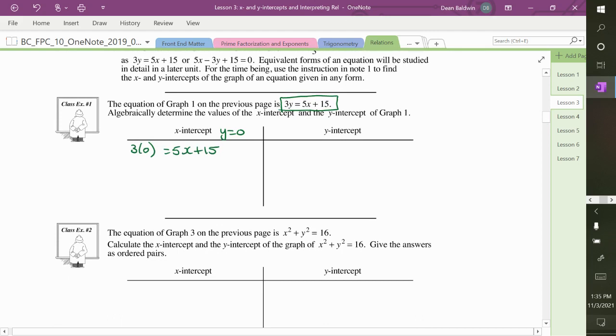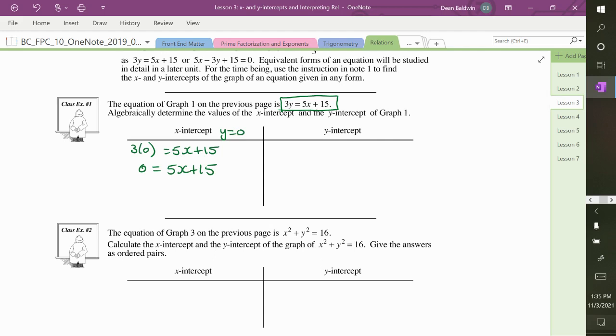What's 3 times 0? 0. How do I solve for x? No, don't try to do it in your head because there'll be ones you can't do in your head. I want to know the process to solve for x here.